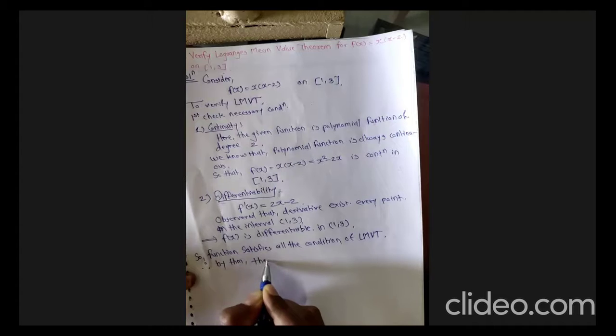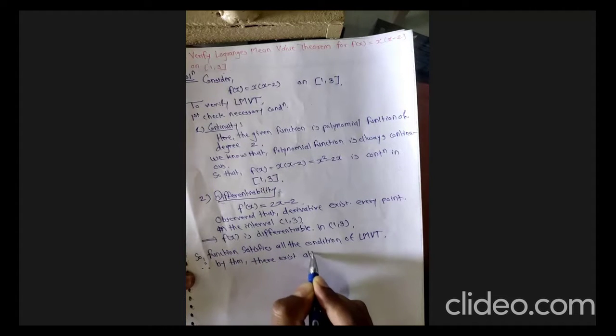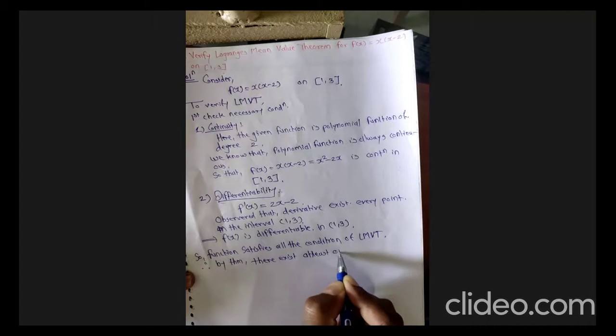Therefore, by the theorem, there exists at least one point C which belongs to the open interval (1, 3) such that f'(C) is equal to (f(B) minus f(A)) divided by (B minus A).